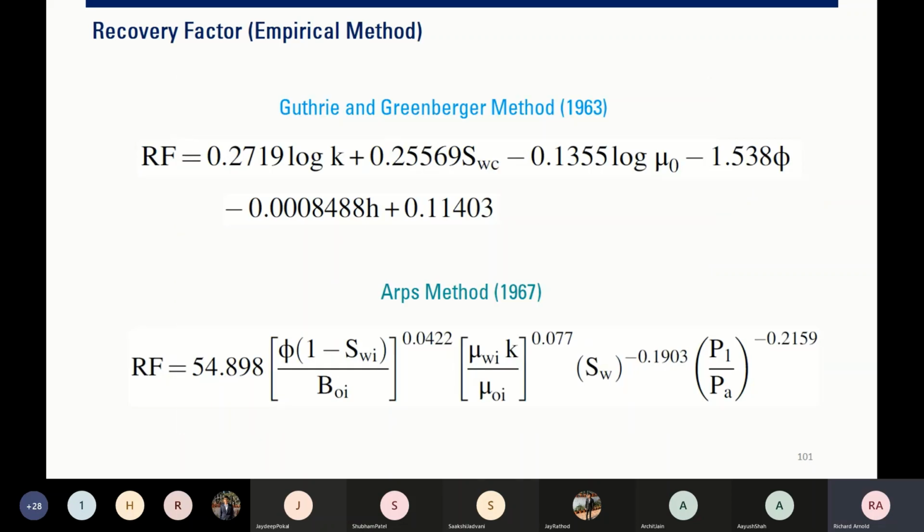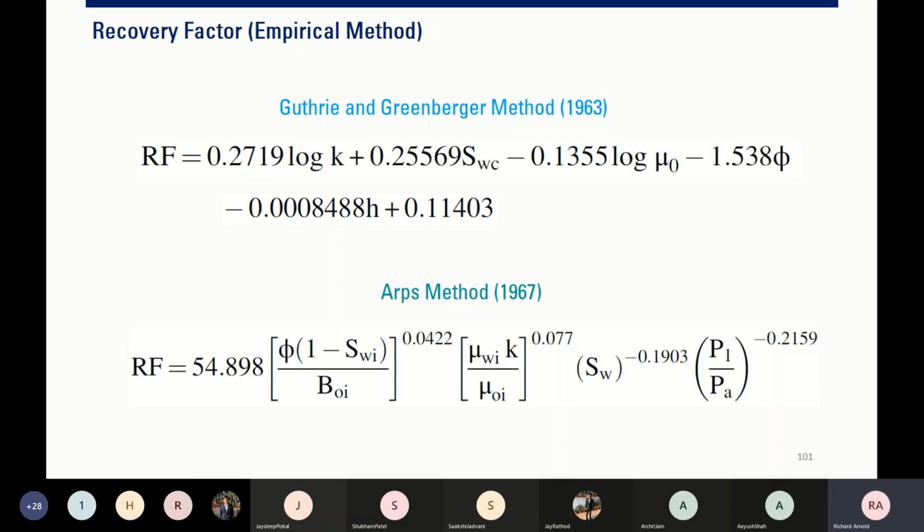And you can also use, lastly, empirical methods for estimating your recovery factor. All right, this is the quick look analysis. You can use the Guthrie and Greenberger method if you know permeability, connate water saturation, oil viscosity, porosity, thickness, then right away you can easily calculate your recovery factor.